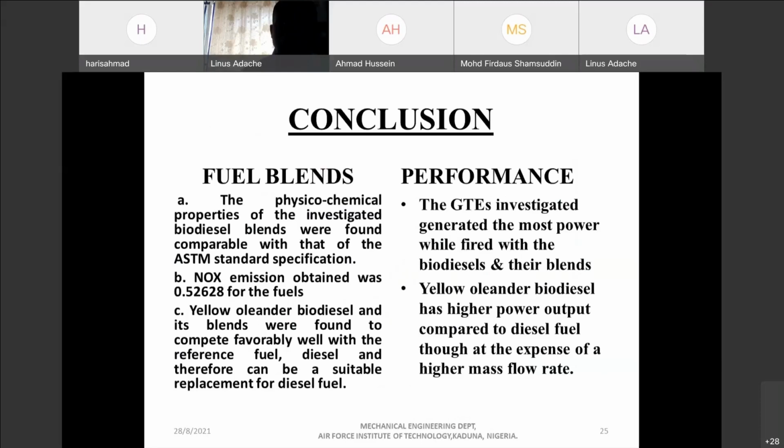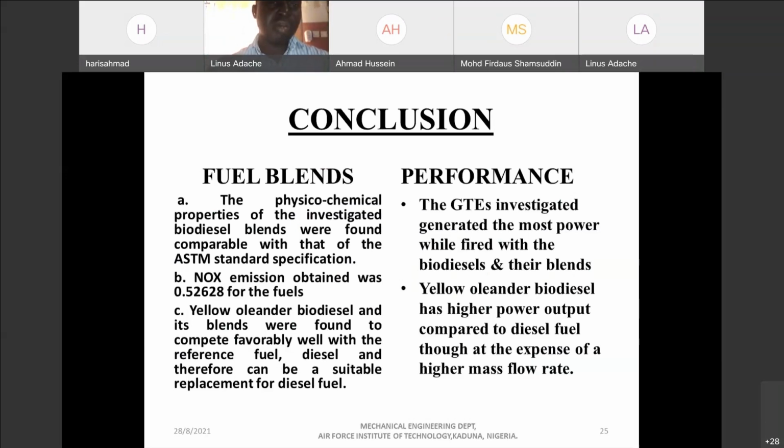So, in conclusion, the physicochemical properties of the investigated biodiesel blend were found comparable with that of the ASTM standard specification.